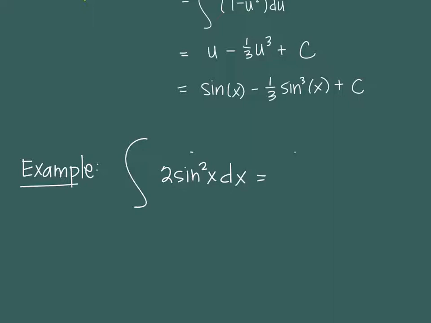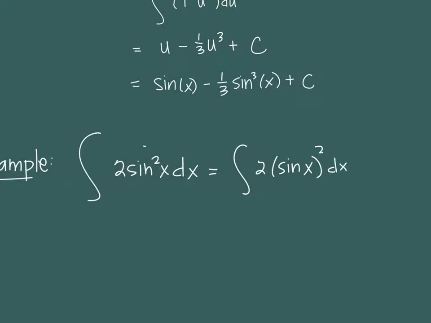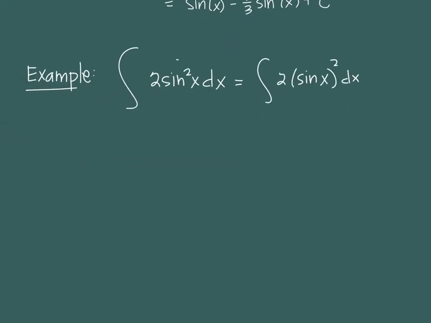Again, if I think of this in the traditional sense, so 2 parentheses, sine of x quantity squared dx, u substitution isn't going to help me, because traditionally I'd pick sine x as my u, but there's no cosine x there, so again I'm running into the problem of not being able to reduce. And so I'm going to need a trig identity again.